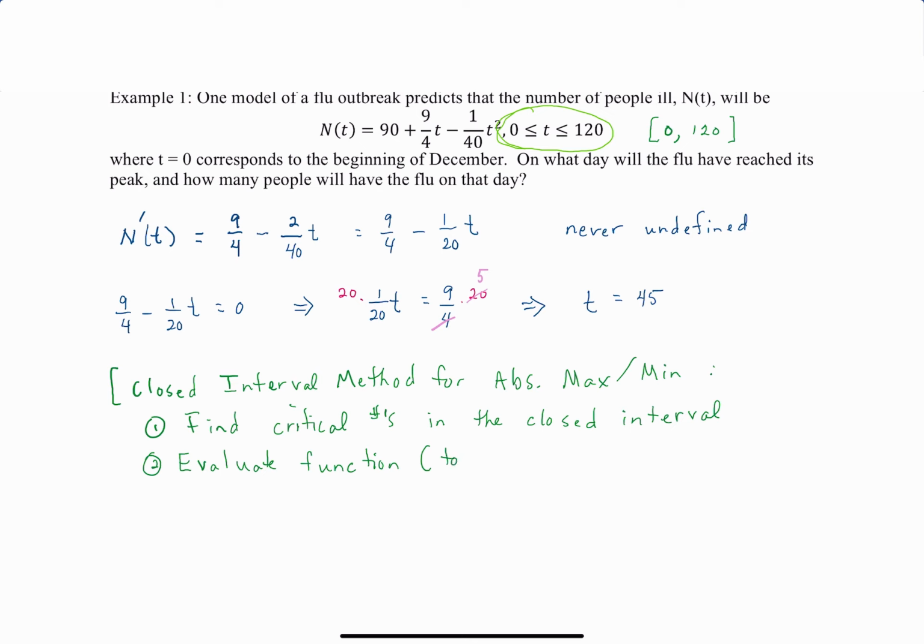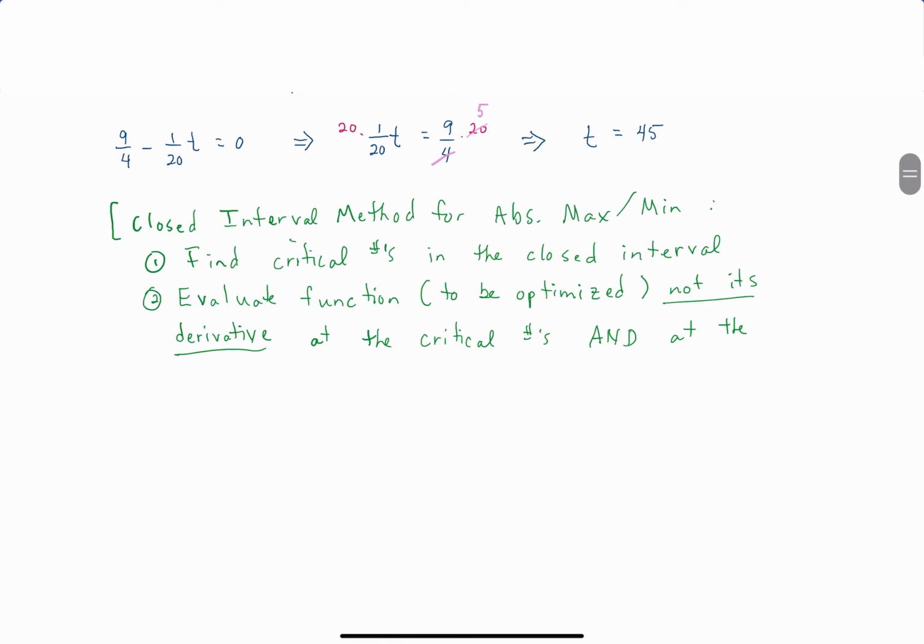This is the function to be optimized, not its derivative now. That's a classic mix-up that people do, is to evaluate the derivative. So not its derivative. At the critical numbers and at the endpoints of the interval.